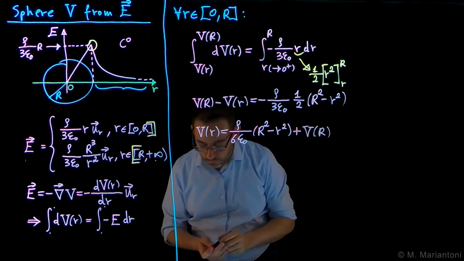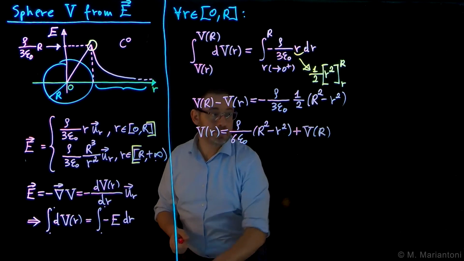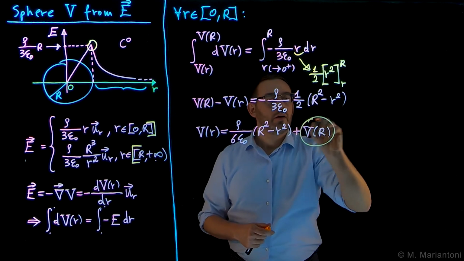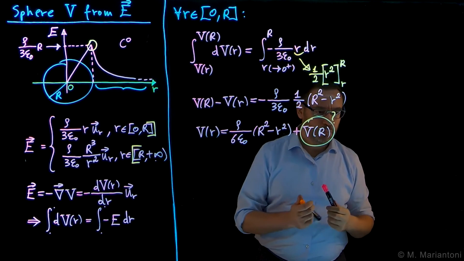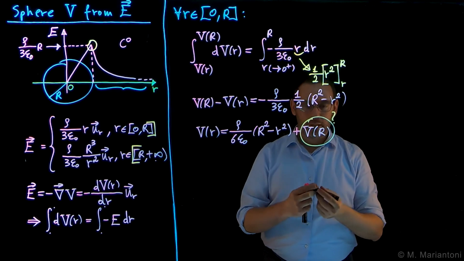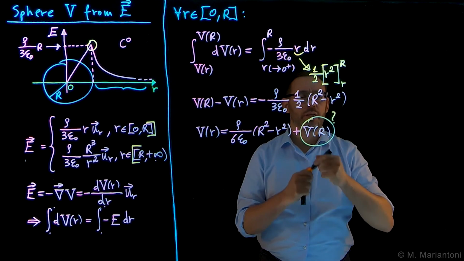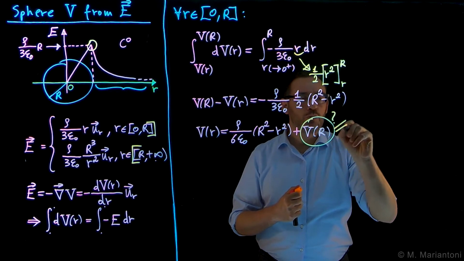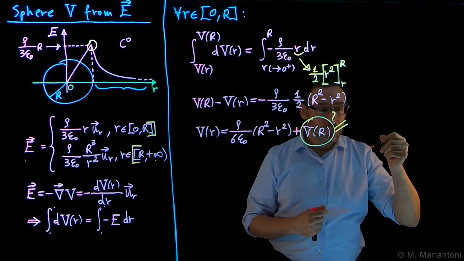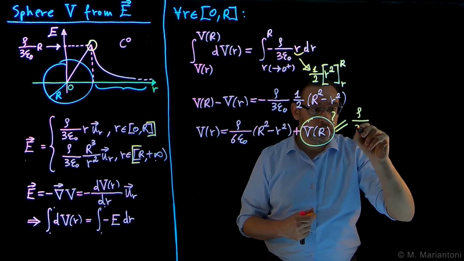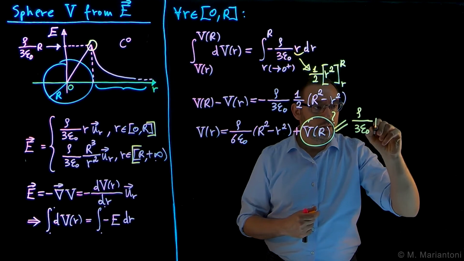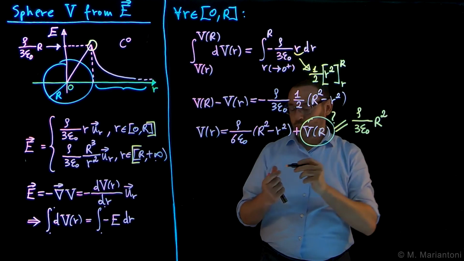And once again, what is this quantity V of capital R? Well, we already computed it earlier, and so we know that this quantity is equal to, as we computed a few minutes ago, rho divided by 3 epsilon naught capital R squared.